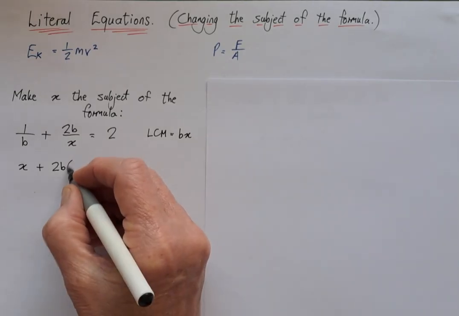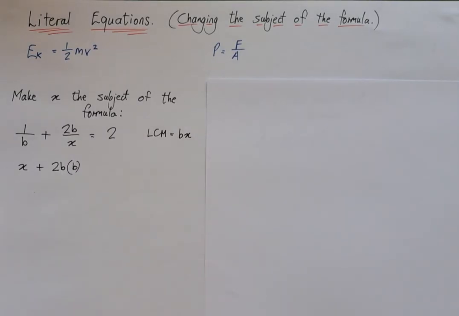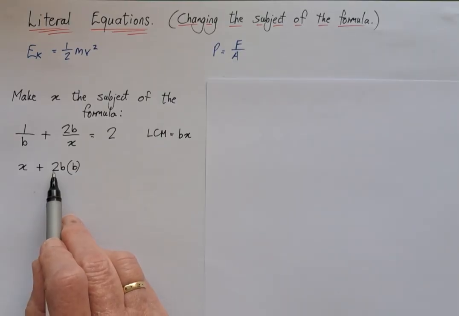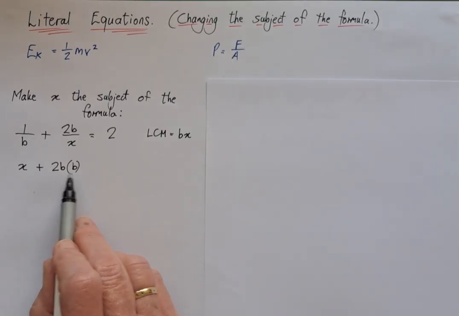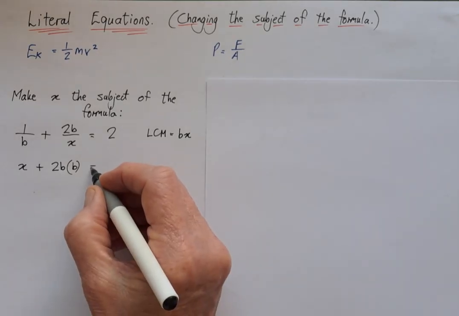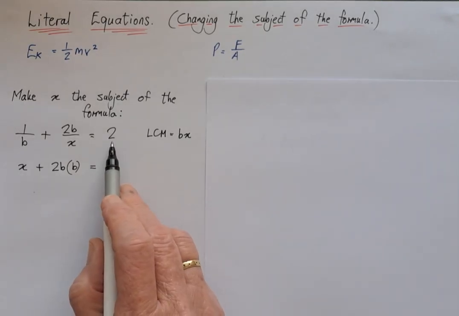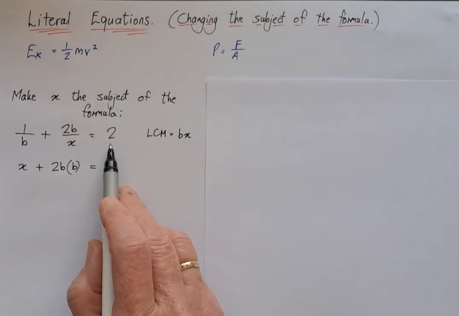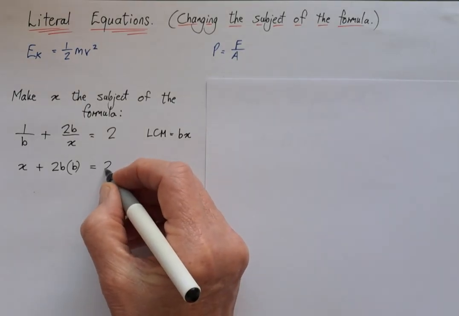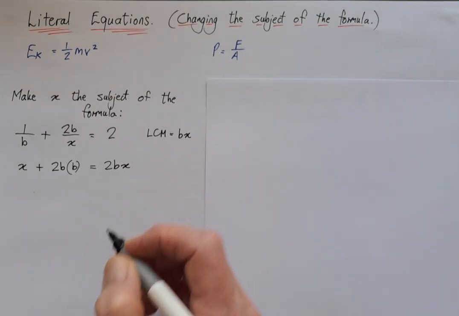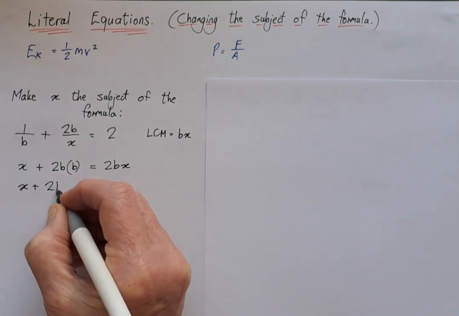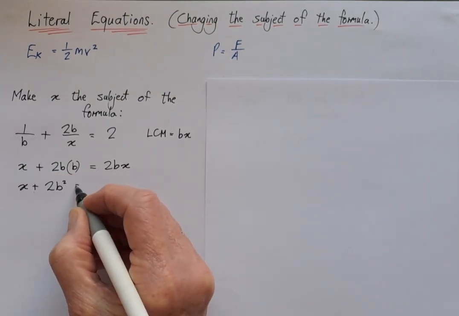Let's do it long ways so you can see exactly what I'm saying. I could have said straight away this is going to be 2b squared, but let's put it like that so that you can follow all the steps. Because this term doesn't have a denominator, nothing can cancel, so it's going to be 2 times the LCD, in other words, 2bx. Sorting this out, as we said, it's going to be 2b squared.